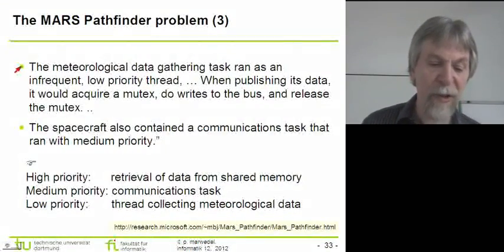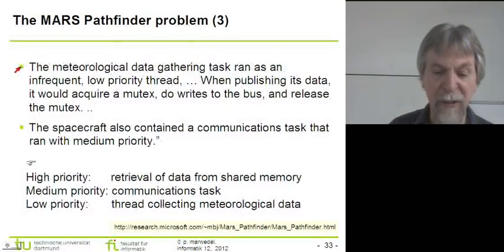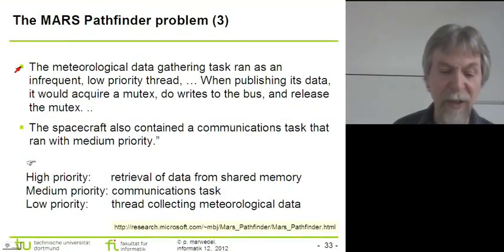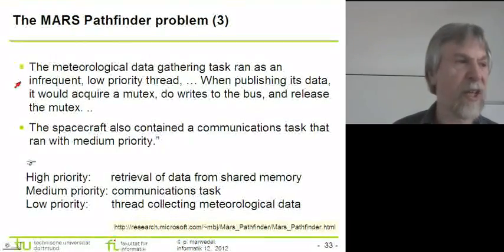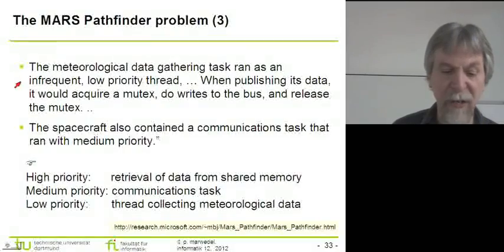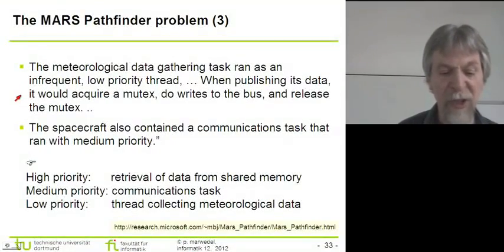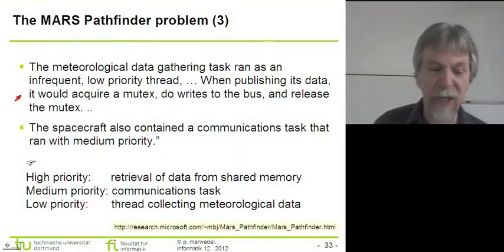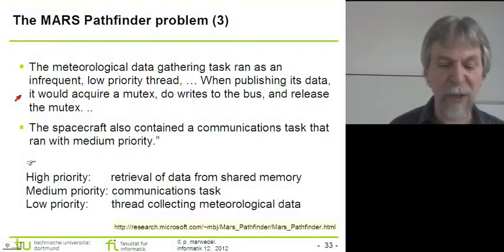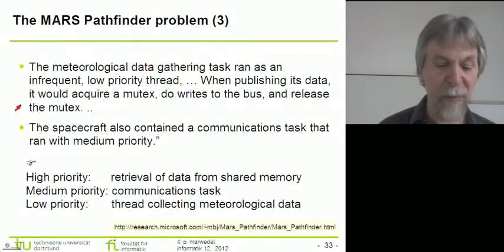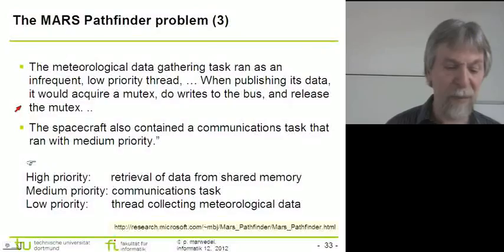In addition, there was a meteorological task that was gathering data. It was running as an infrequent low priority thread, and it was publishing data on the shared memory area. When it was publishing the data there, it was acquiring a mutex to write onto the bus and then releasing the mutex.